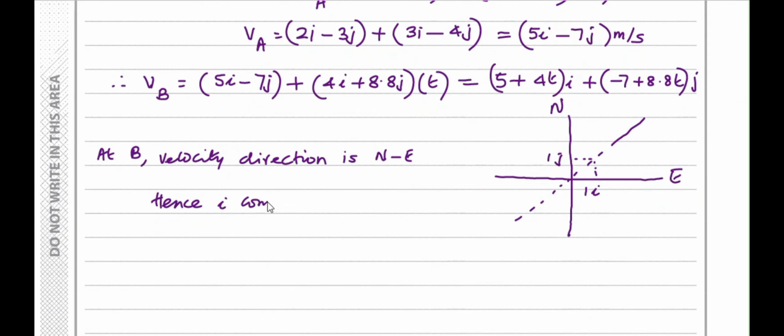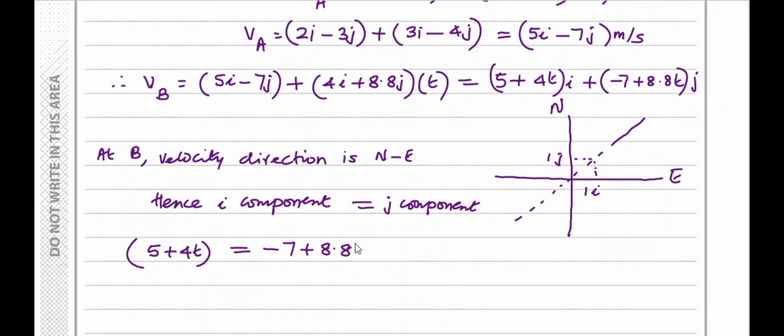Hence, the i component of the velocity will be equal to the j component. Which means what here? We have 5 plus 4t should be equal to minus 7 plus 8.8t.